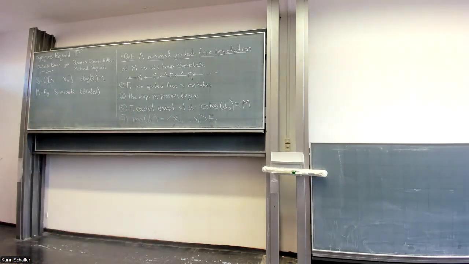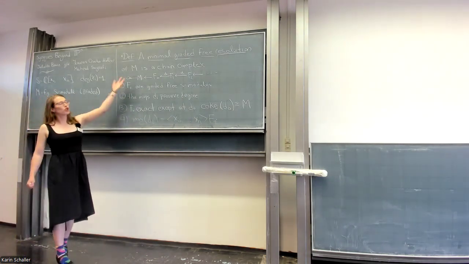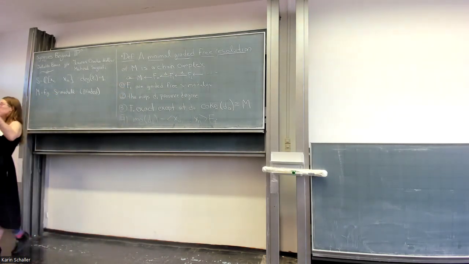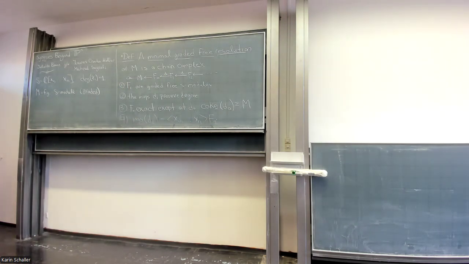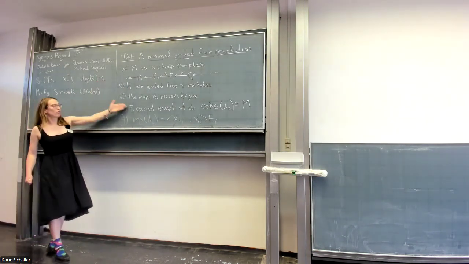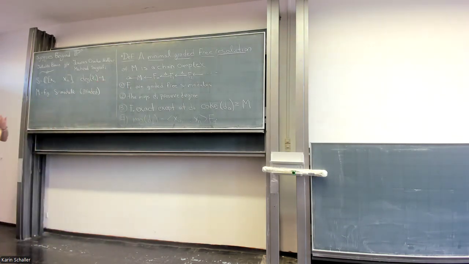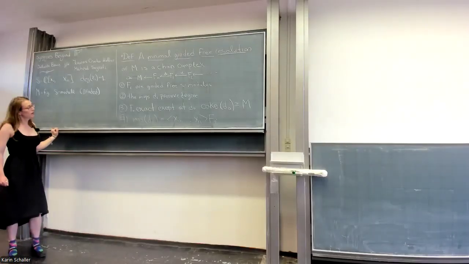It can't have any constants. If you had a constant in that matrix, it turns out you essentially don't need it. You could quotient out by the subcomplex that generator corresponded to and get a smaller resolution that still satisfies the first three properties. So this is a minimal graded free resolution.